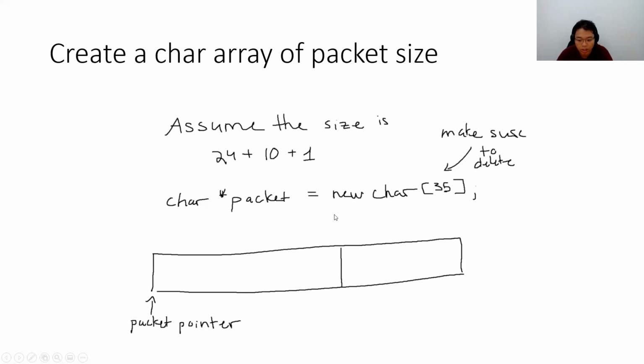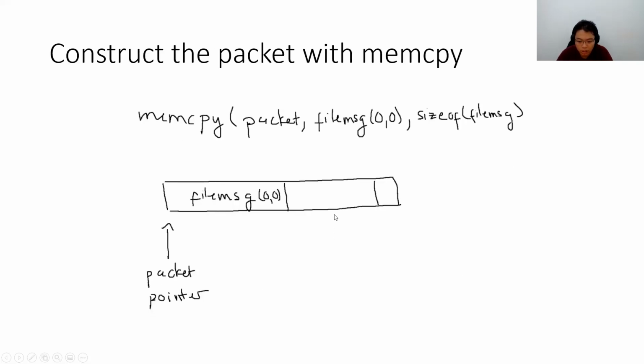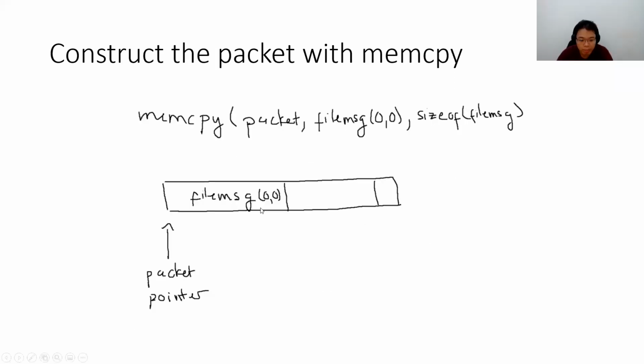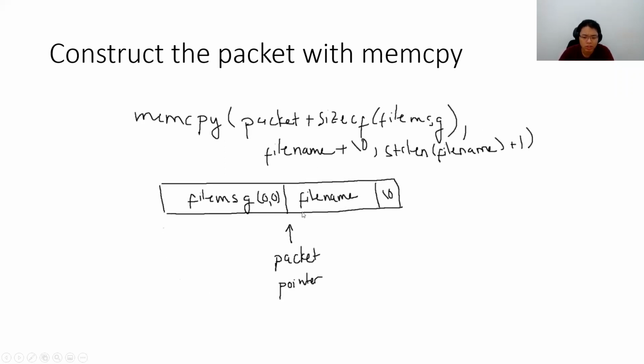Okay, does that make sense? Yes, right. So the first 24 bytes will be that. I think Mary already talked about this, so it should be just a review. And then what you do is you move the packet pointer beyond the file message. In this case, you do packet.